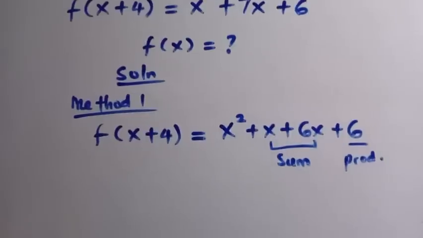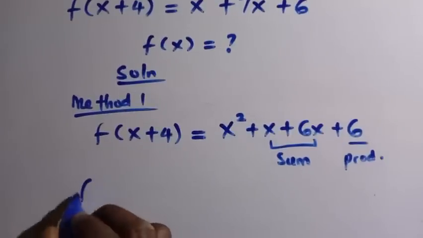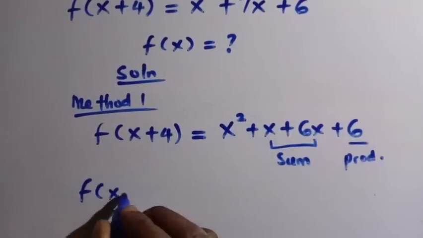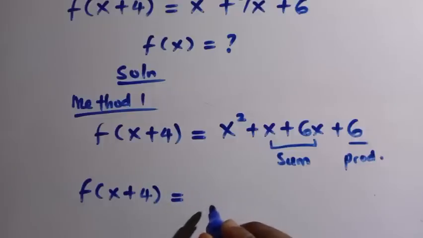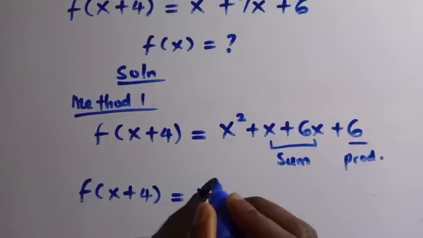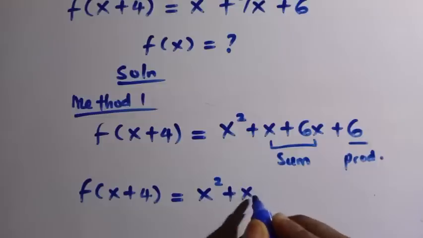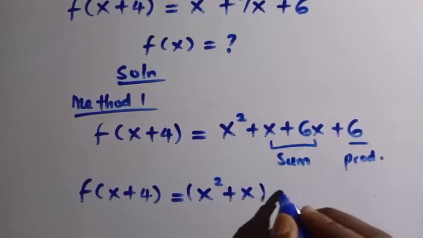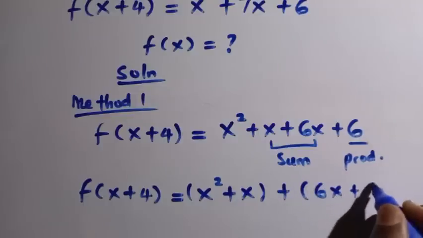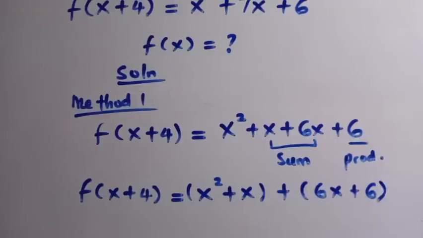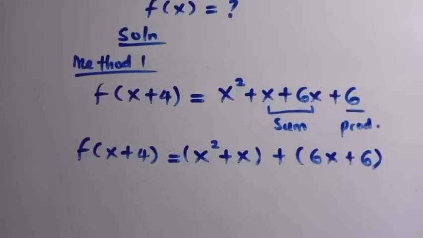So when we try and pair this together, we have f of x plus 4 equals x squared plus x, plus 6x plus 6. So that is what we have.